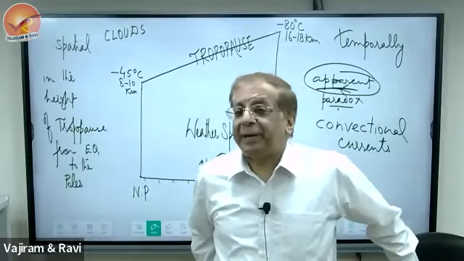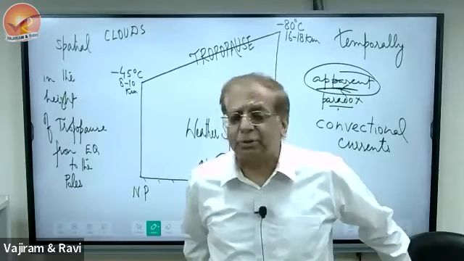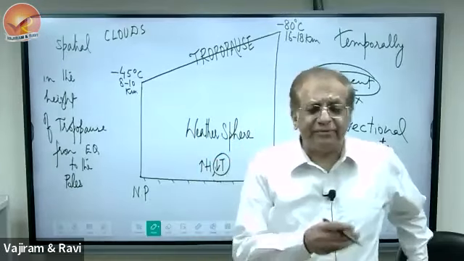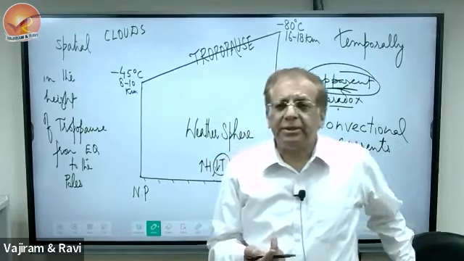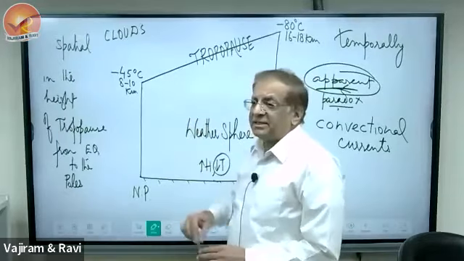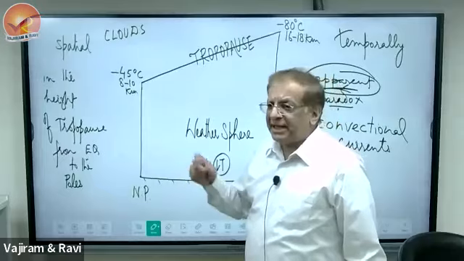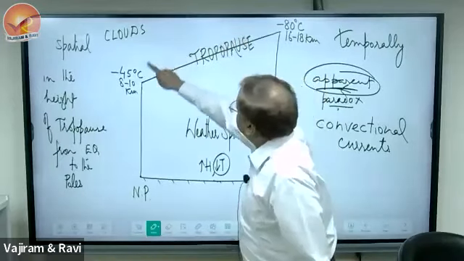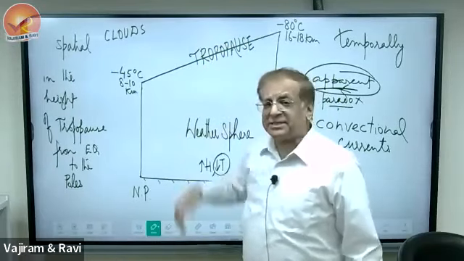And I'll give you a practical evidence of it. Almost everyone in the class would have gone by air. In the coming part of the lecture today, you'll understand that when you fly, most of the time of the flight is spent here, just above the tropopause in the lowest part of the stratosphere.